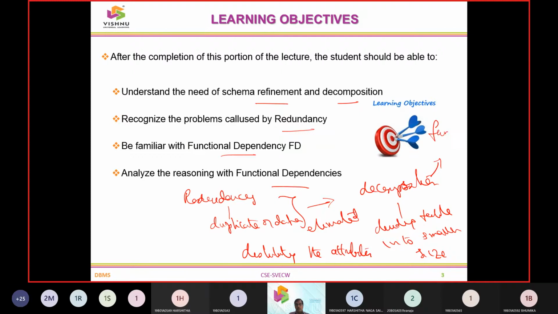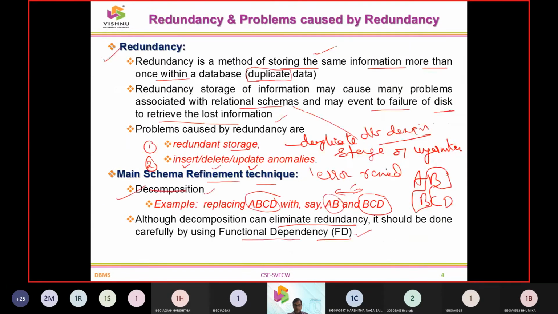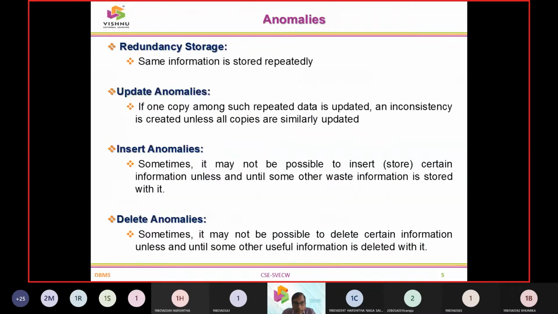I can divide it with functional dependencies. We talked about redundancy, then we talked about decomposition. Therefore, we need to work with functional dependency.